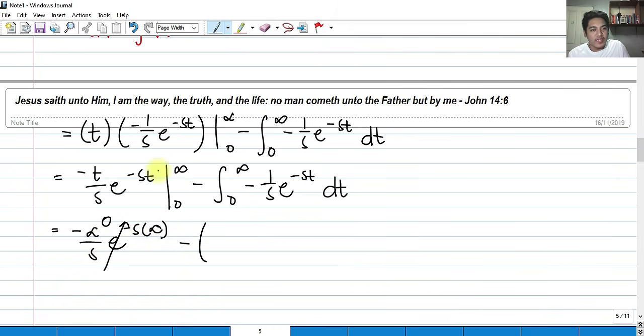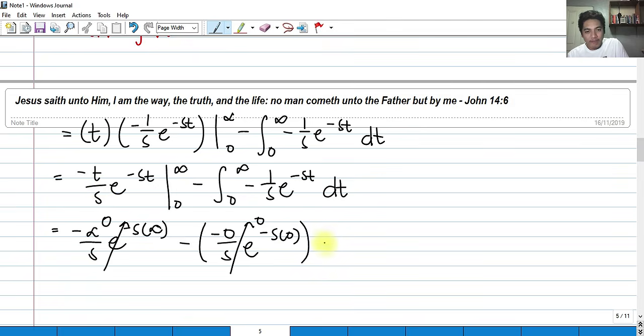Minus, because that's a definite integral, negative 0 over s, e raised to negative s times 0. So 0 over s simply is 0, and 0 times any number would be 0. This is the minus brought by evaluating the definite integral, and this is minus because of this.